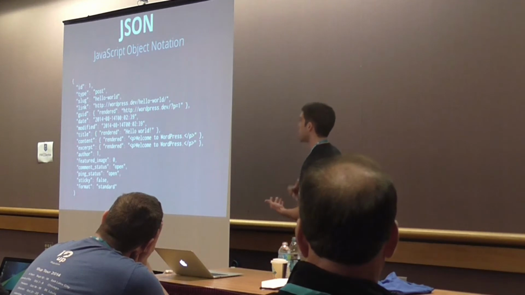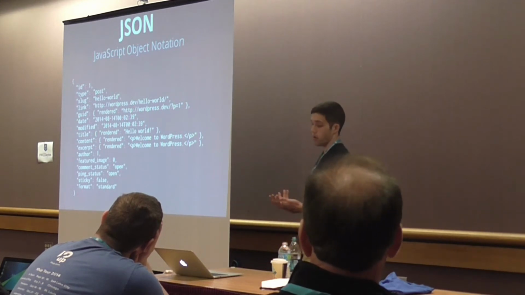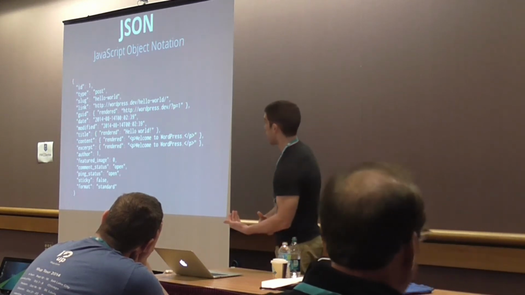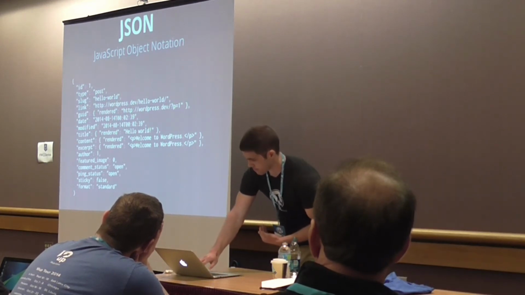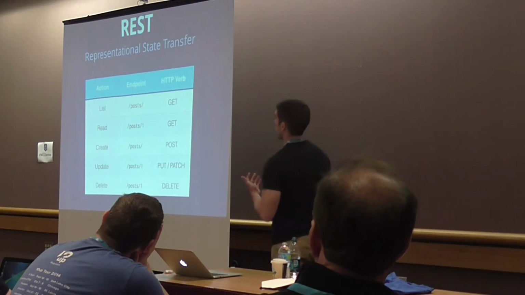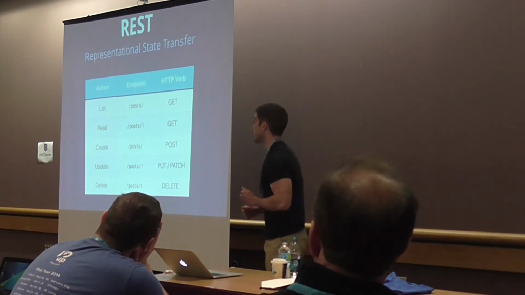So because it's so easy, it's become by far the most popular way to communicate using web APIs among the popular services. Next, REST. REST stands for Representational State Transfer.